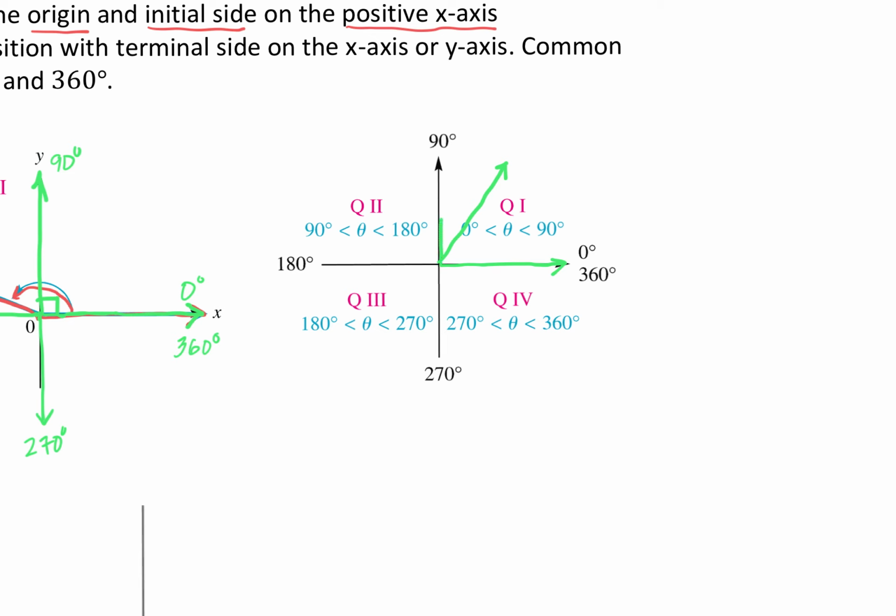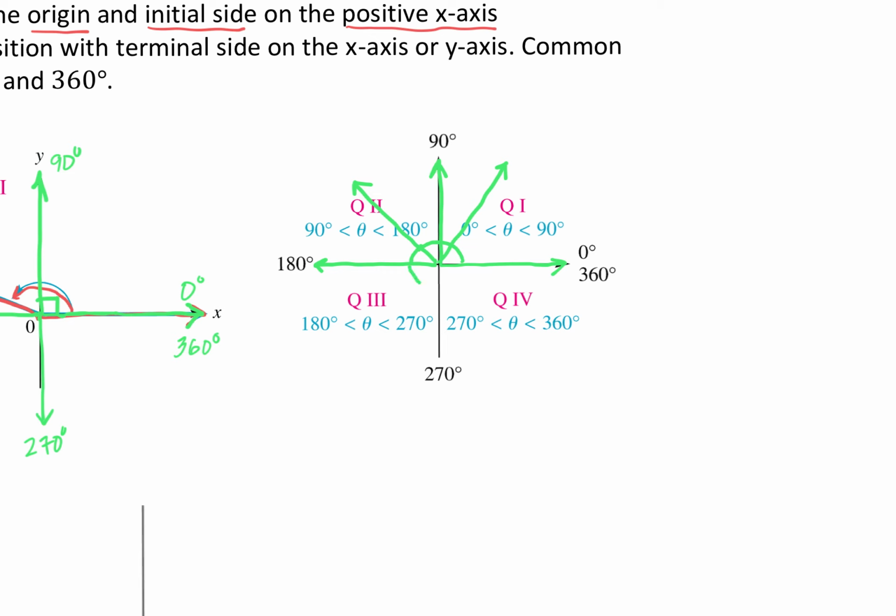If the angle falls on the y-axis, 90 degrees. If we keep going around into quadrant 2, we will have an obtuse angle between 90 and 180 degrees. Keep going around to our straight angle, which is 180 degrees. That's quadrantal.